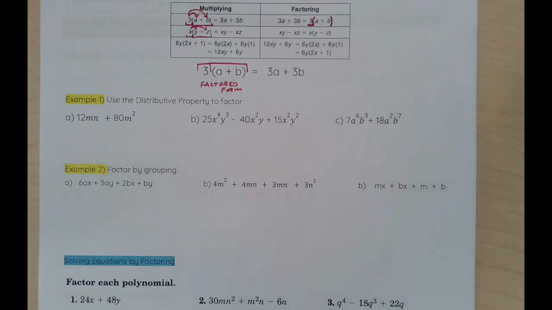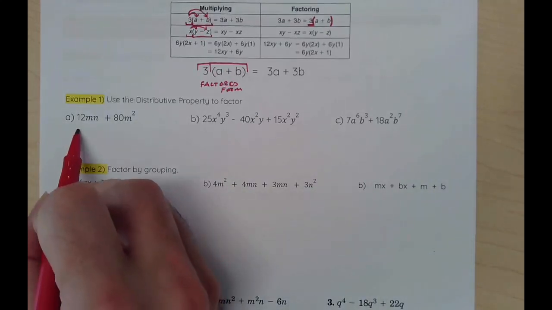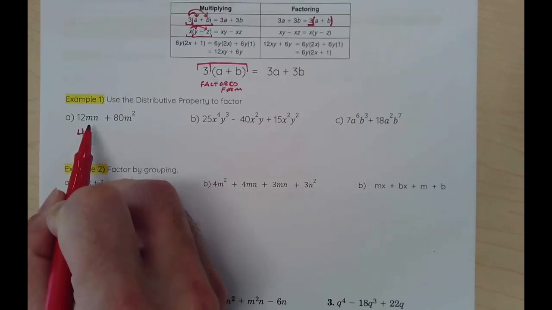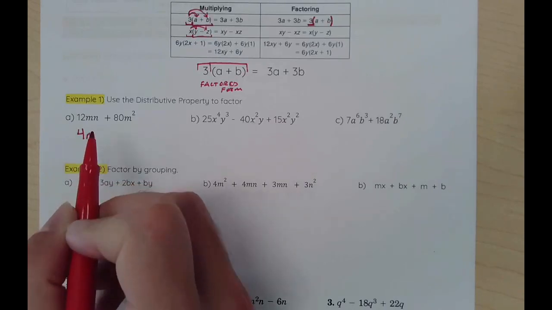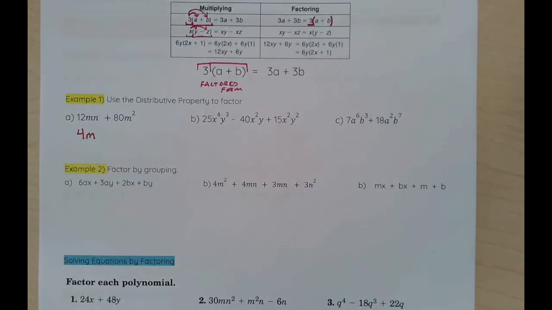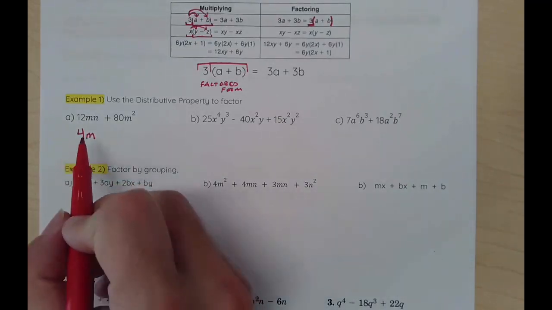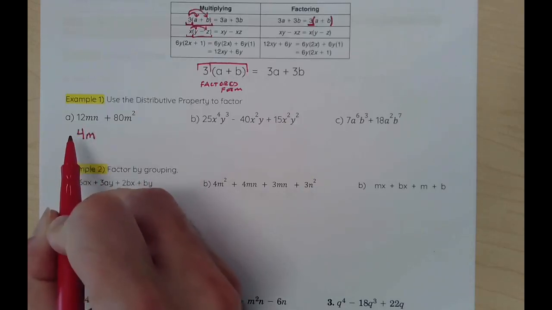The first thing I have to do is find the factor of 12 and 80 numerically. Our numerical factor between 12 and 80, the largest value I can pull out is 4. Then I'm going to look at the m's. I have an m here, an m, so I factor an m out. And then as far as the n goes, I got nothing. So that's going to be my first factor. That's my GCF that I've factored out.